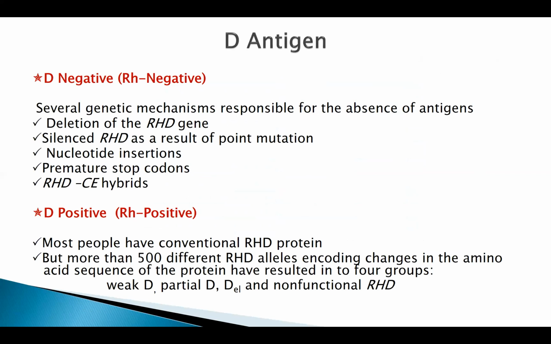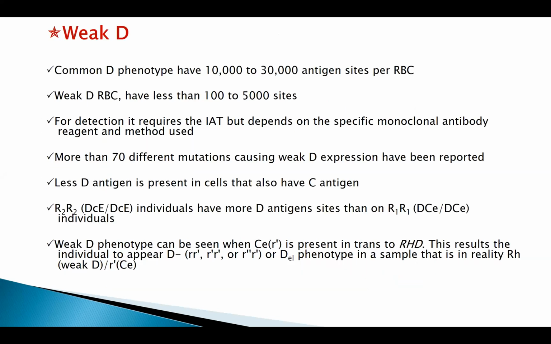D positive: most people have a common RhD protein, but changes in the amino acid sequence of the protein have resulted in four groups. The groups are weak D, partial D, D elution, and non-functional RBCs. Weak D RBCs have from less than 100 to 5,000 antigen sites for detection, which is why we do the indirect antiglobulin test, but depending on the specific antibody and reagent method we might get a positive or a negative reaction.